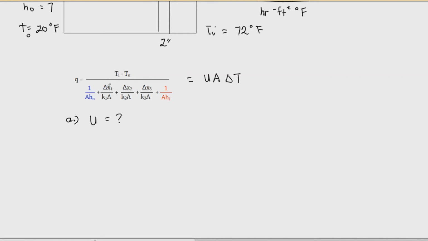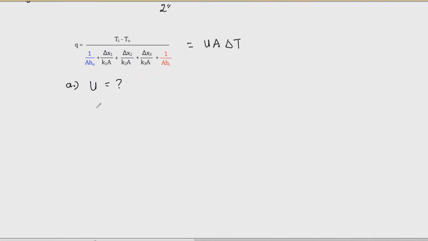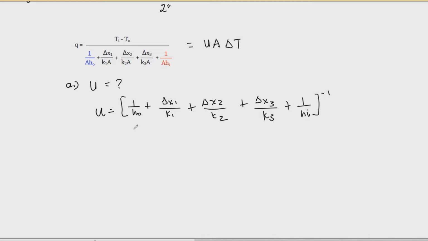So U is simply equal to 1 divided by 1 over HO plus delta X1 over K1 plus delta X2 over K2 plus delta X3 over K3, and then plus 1 over HI, and then we take the reciprocal of these.